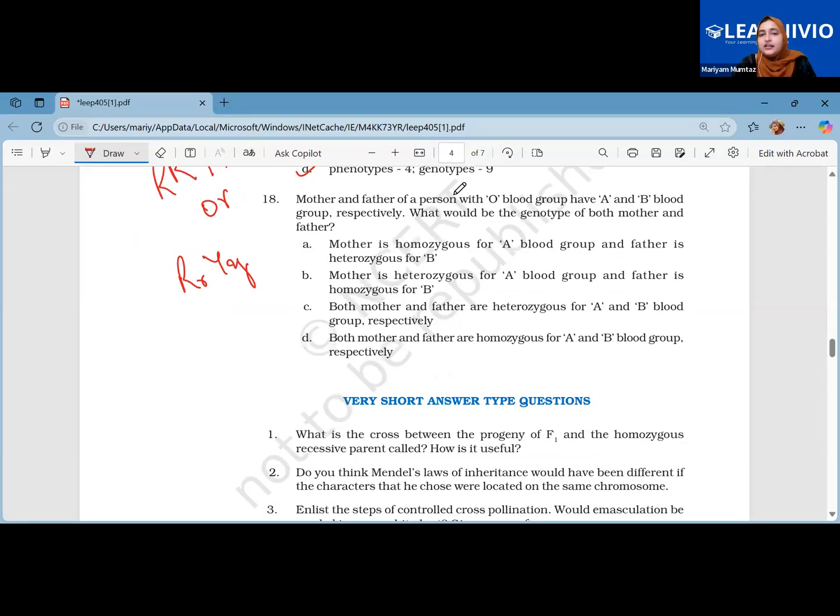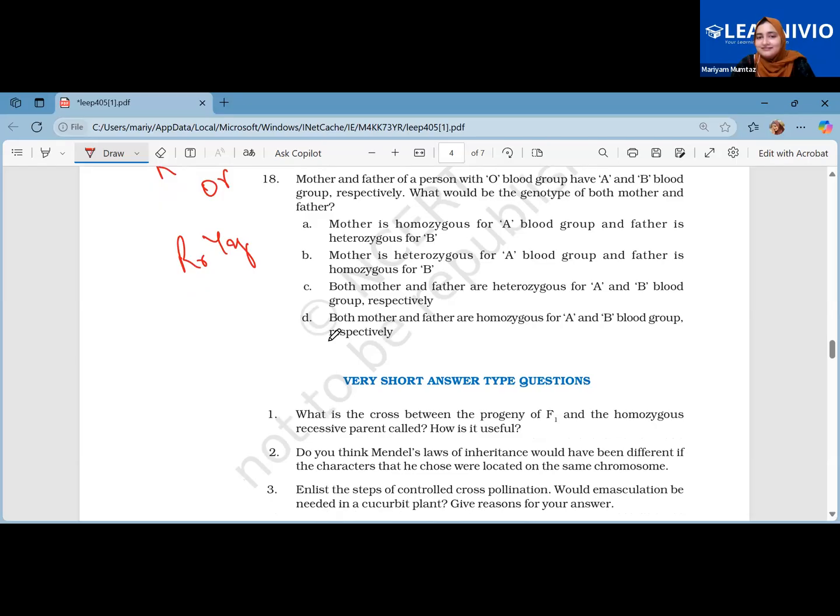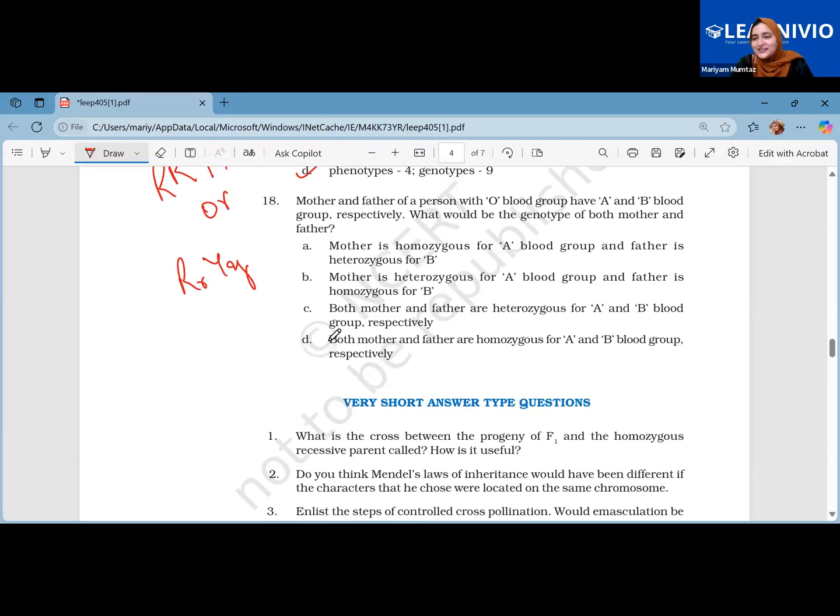Now, mother and father of a person with O blood group have A and B blood group respectively. What would be the genotype of both mother and father? This is a very nice question.